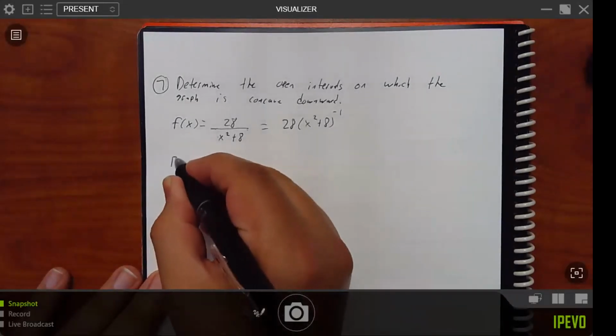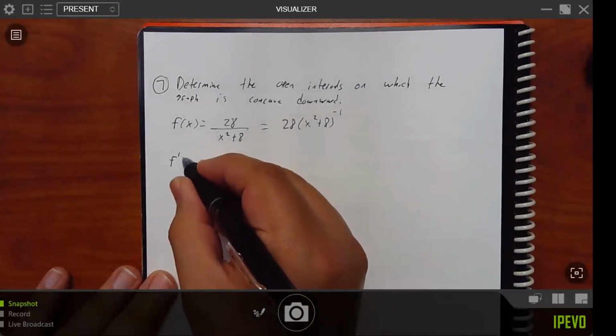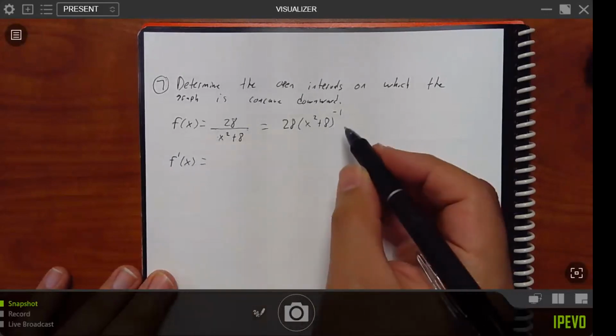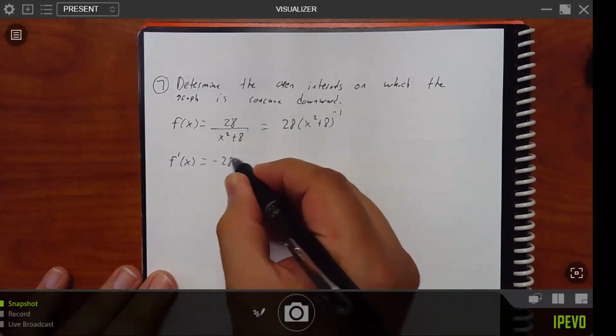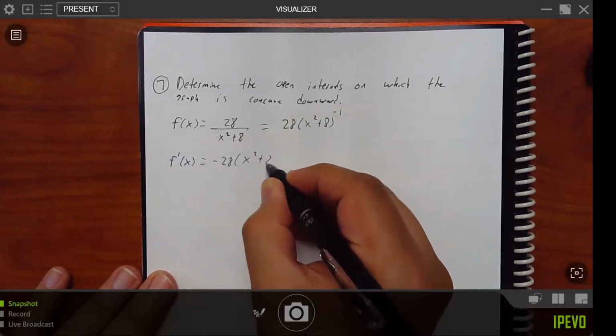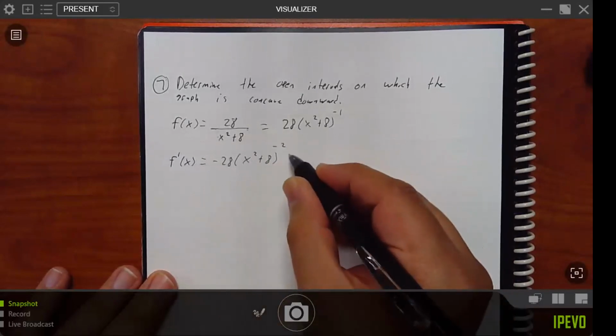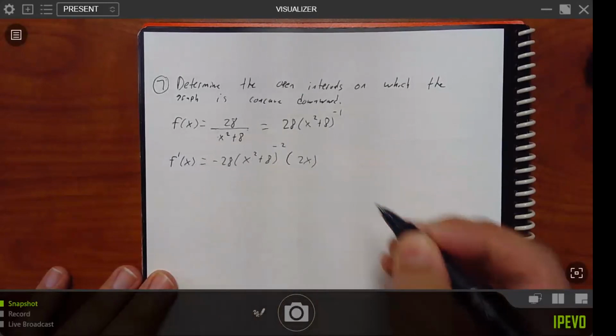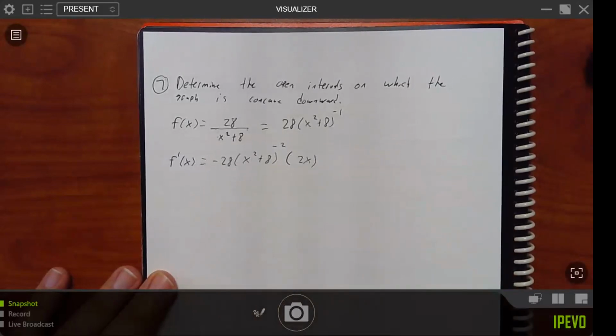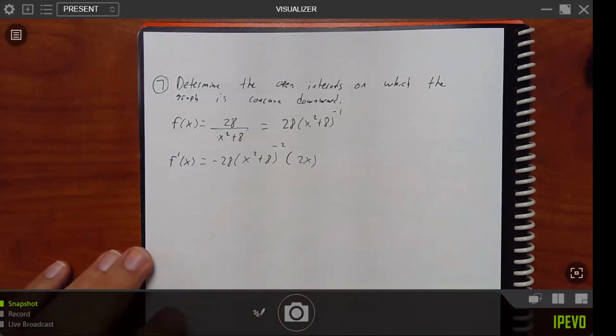So then if I do a derivative, do you agree that this would just be -28 x squared plus 8 to the -2 and then times the derivative of the inside? Right? That makes sense. Yes, sir.